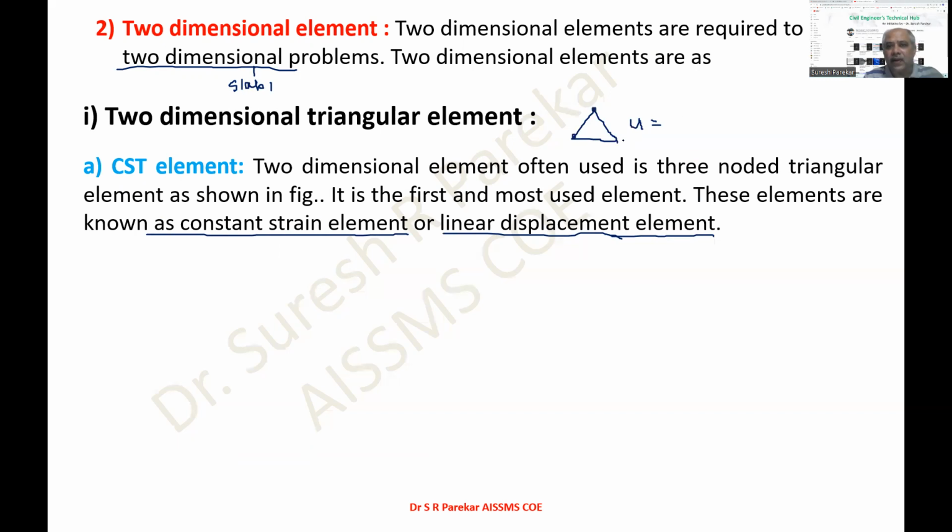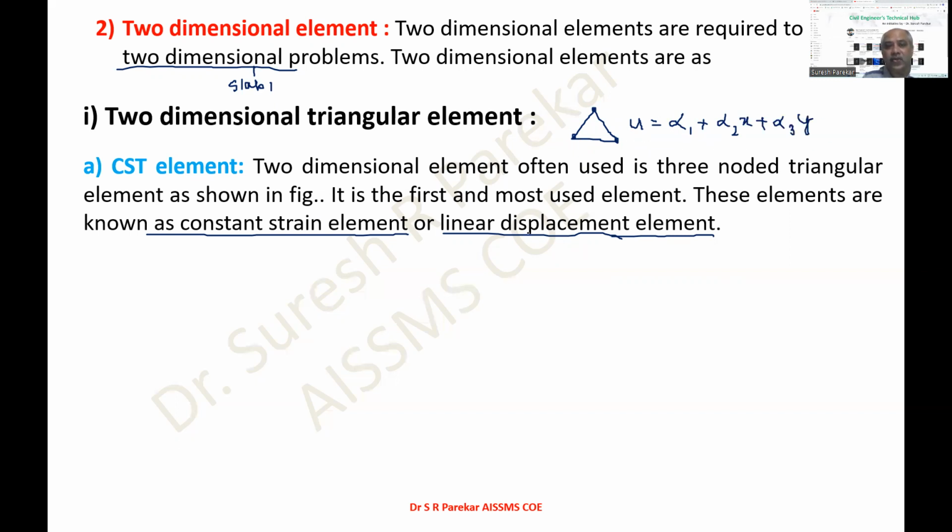And whatever number of nodes you have, you have to consider one constant. So I have alpha 1 plus alpha 2 x plus alpha 3 y, which you will understand from Pascal's triangle.